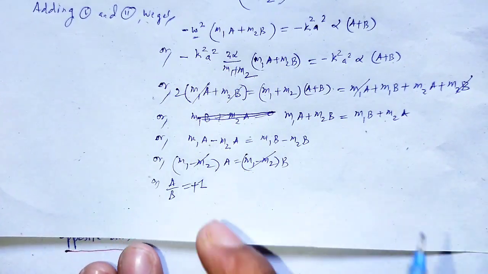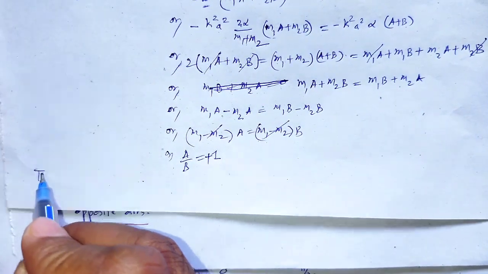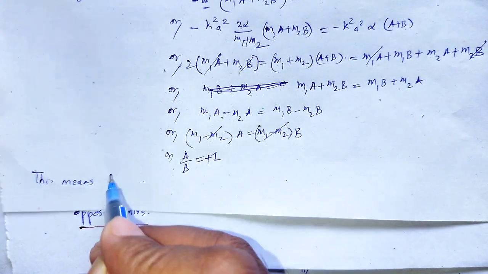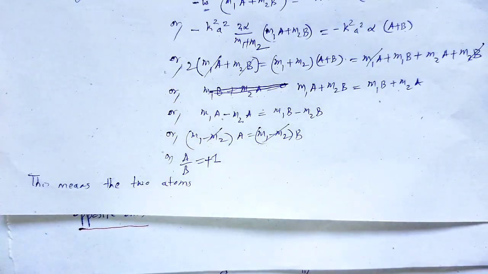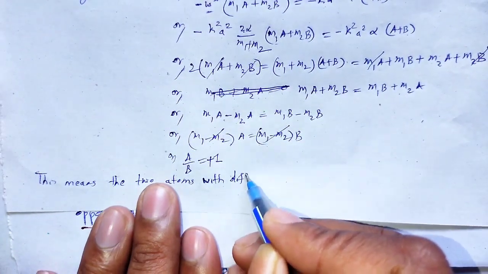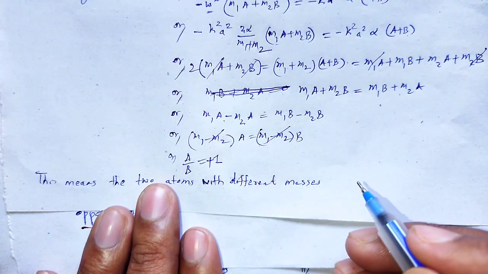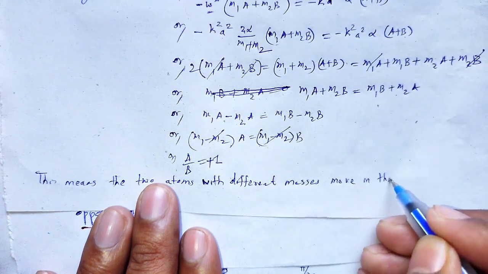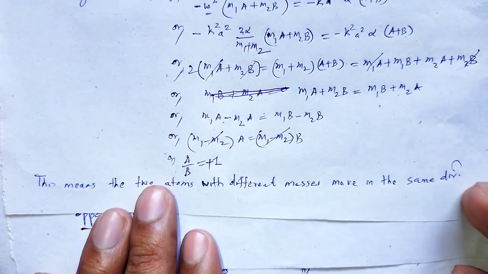That is positive. That positive indicates that the two atoms with different masses move in the same direction, and the ratio of their amplitudes is positive.